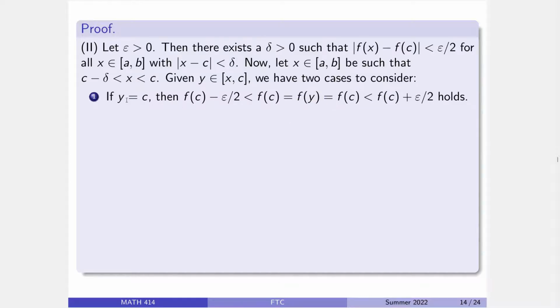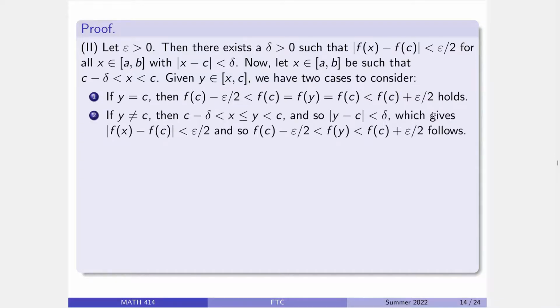Note, if y is actually equal to c, then f of c minus epsilon over 2 is strictly less than f of c, which is equal to f of y, which is strictly less than f of c plus epsilon over 2. Now, if y is not equal to c, then the following holds.